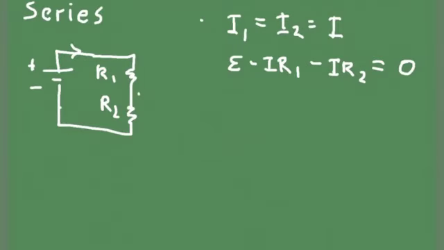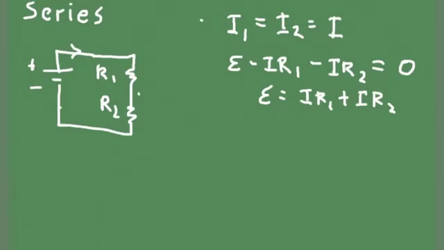Okay? So from this we conclude that the potential drops of the resistors in a circuit in series add up. You take one, you take the other one, you add them, and that should be equal to the voltage of the battery. So that's for a series circuit.